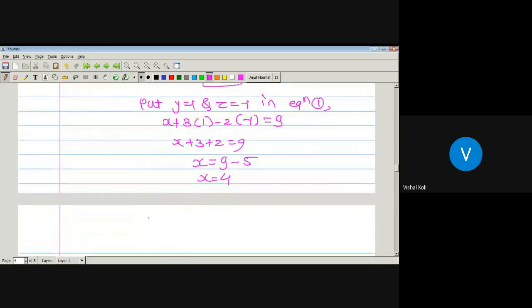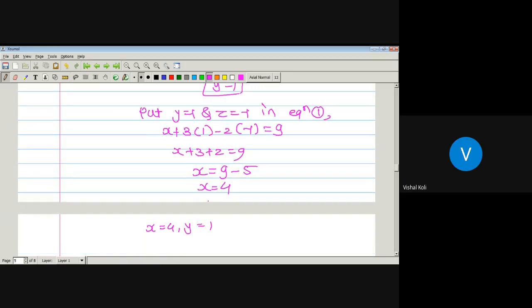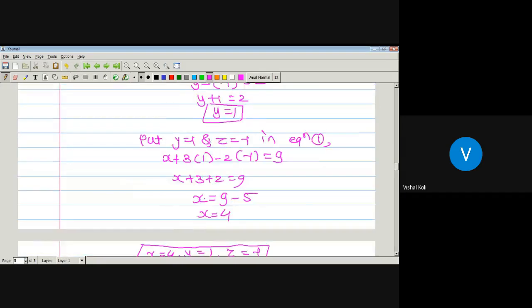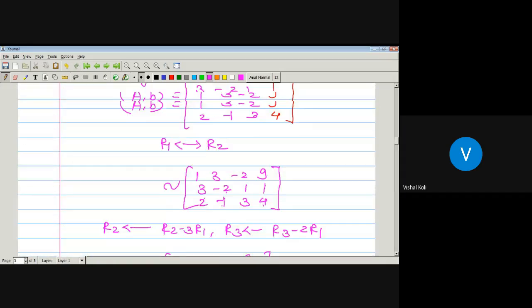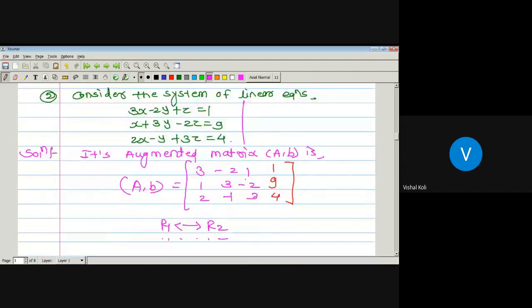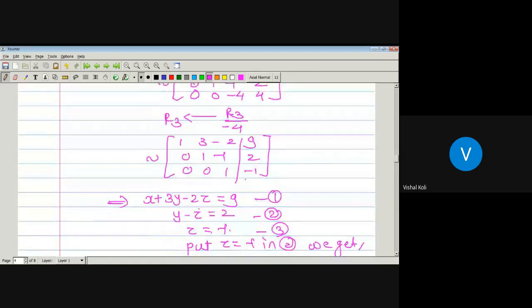Okay, so here we get the value of x = 4, y = 1, and z = -1. If we put these values in our equation, this should be our given system of linear equations.